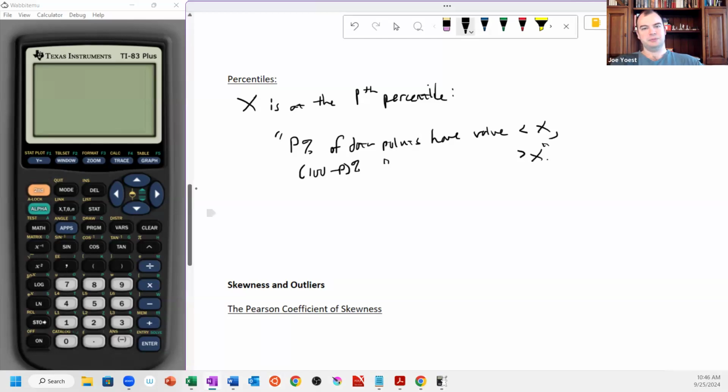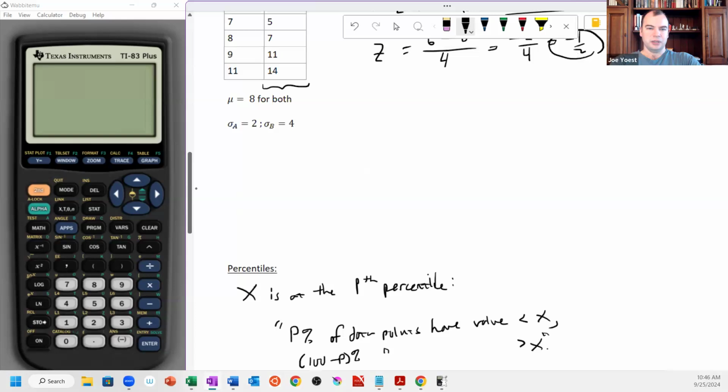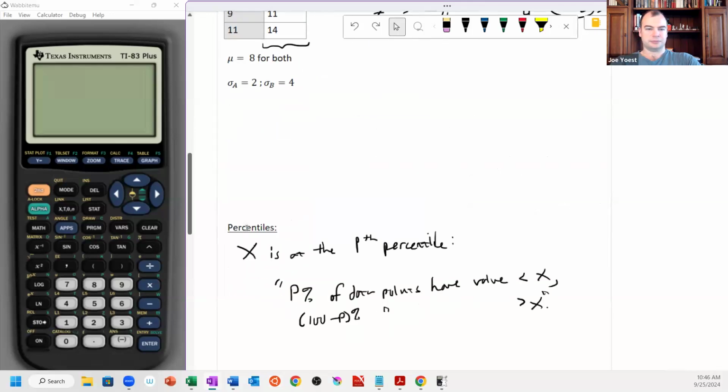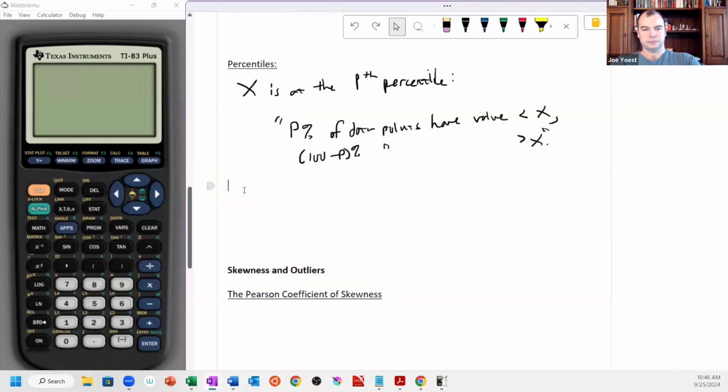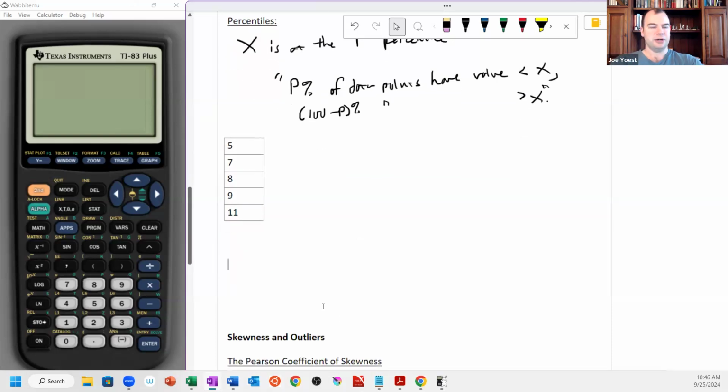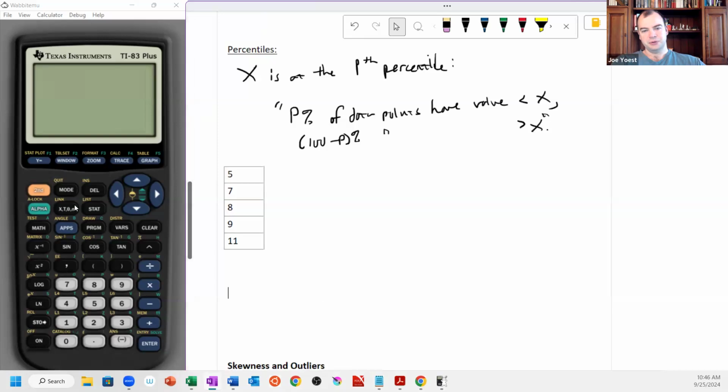Okay, so how do we compute percentiles? Well, let's take the Ashley data. And it doesn't matter whether it's a population or a sample, we do it the same way. I see I have 5 data points.